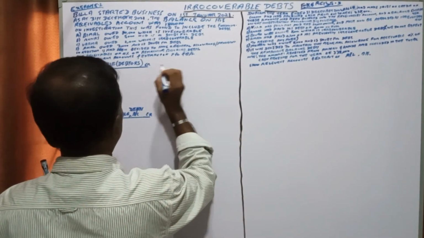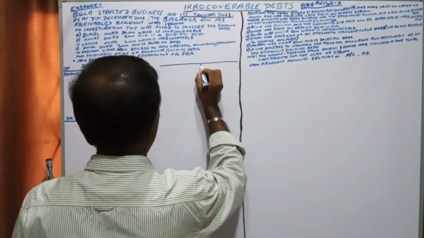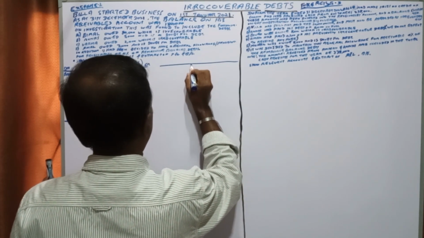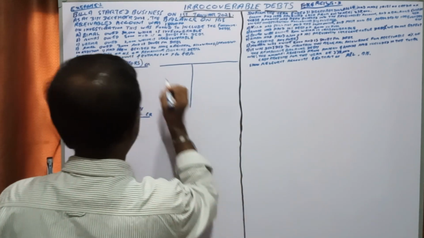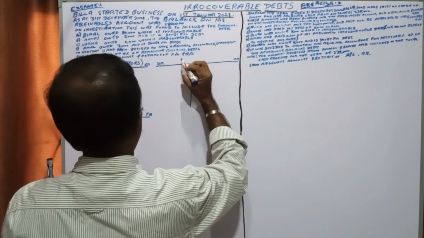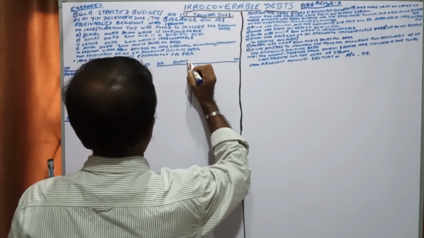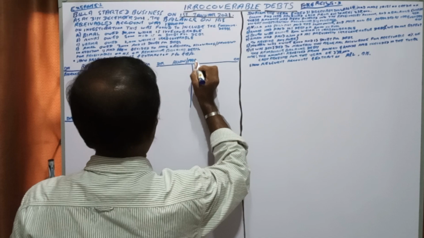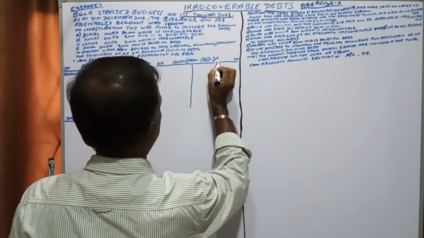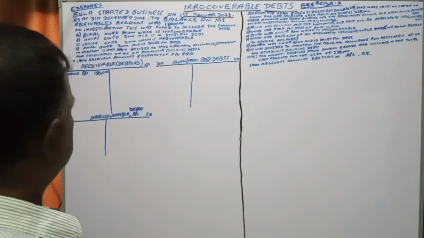debtors account, bad debts account, debit. This is the provision for bad debts account, this is credit, allowance or provision for bad and doubtful debts.